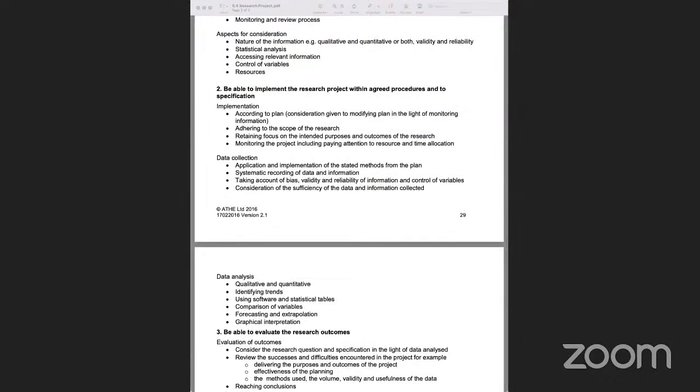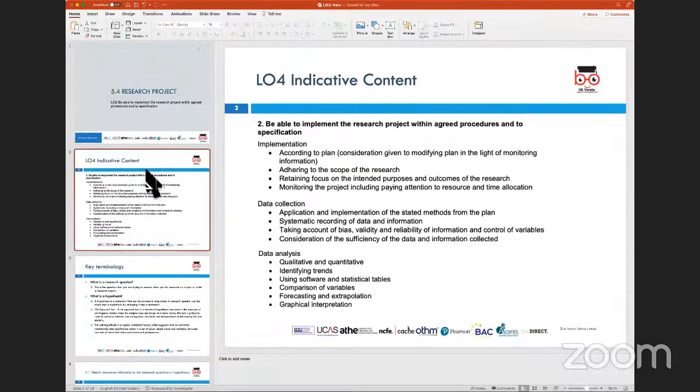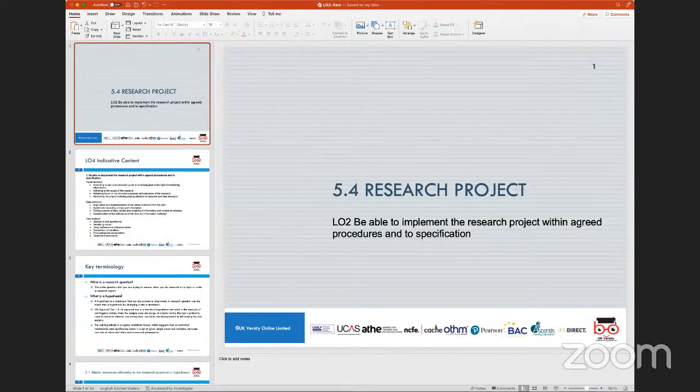And let me switch you over to the presentation. Now, in this Learning Outcome 2, we are primarily covering the topic focused on being able to implement the research project within agreed procedures and to the specification.